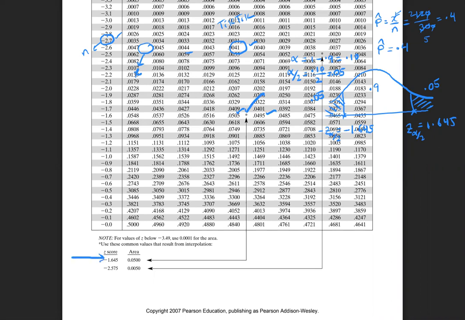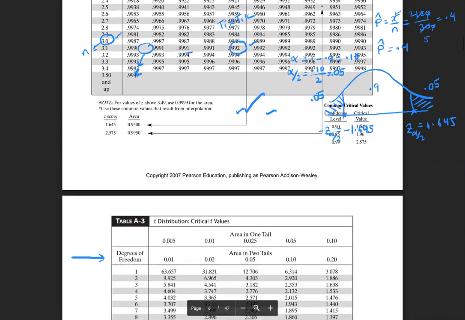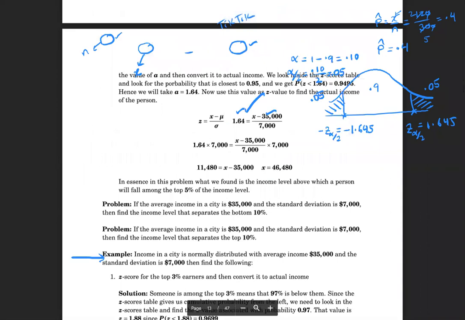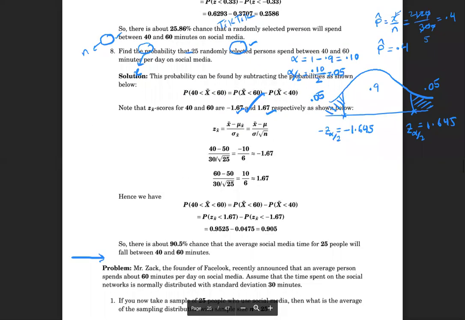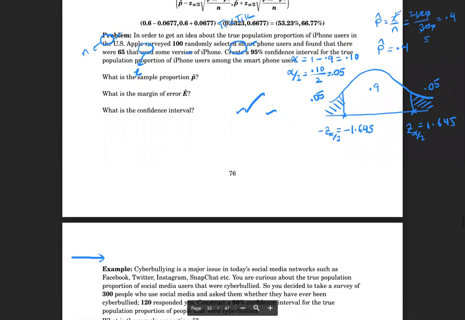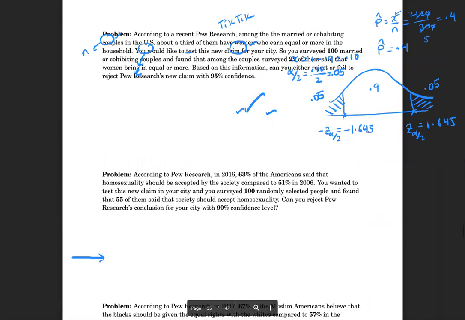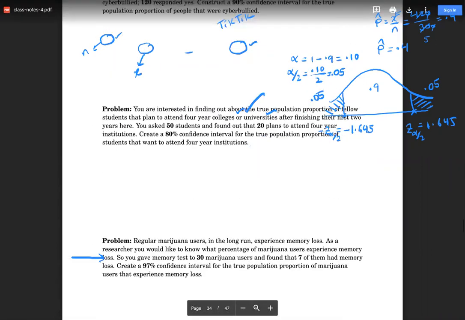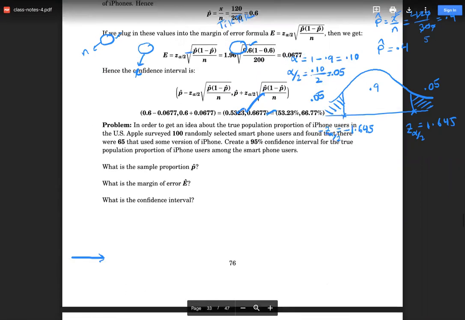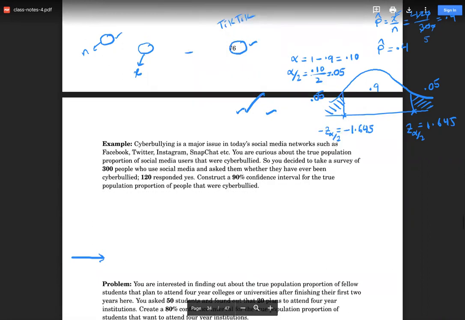That's what it is. Okay. Now let me go ahead and go back to the problem. Okay, there it is.